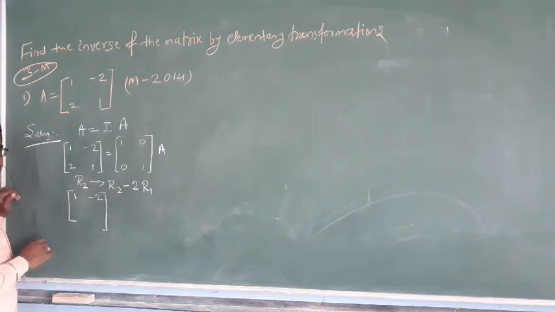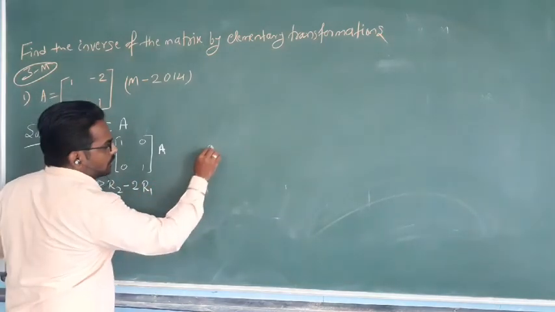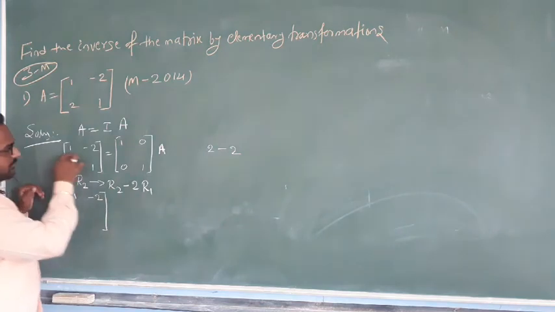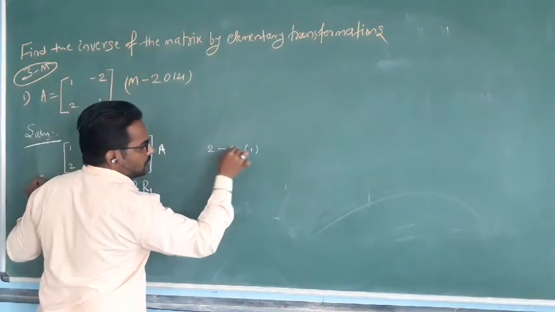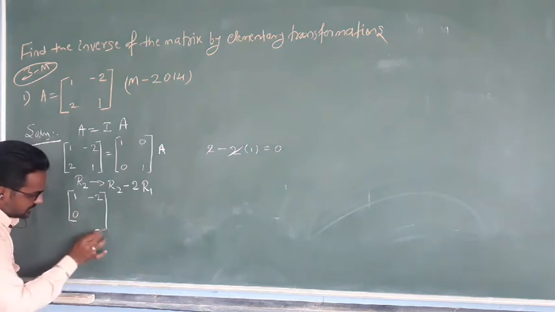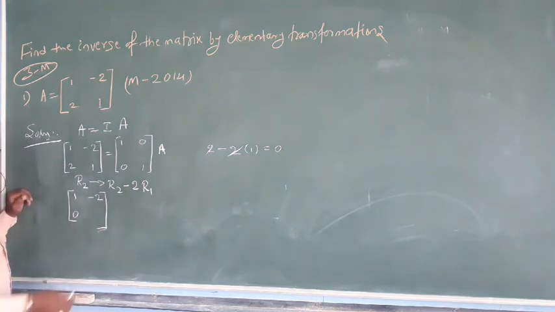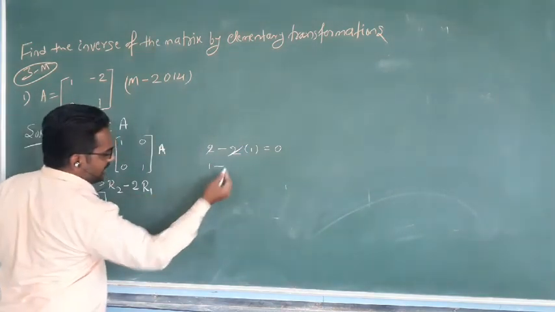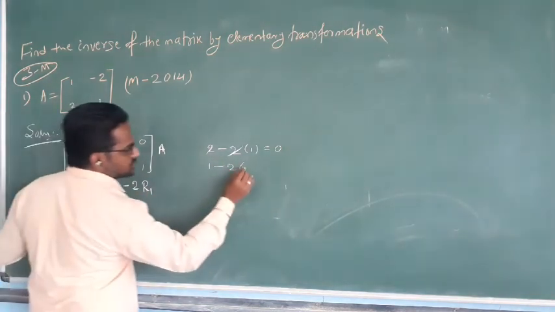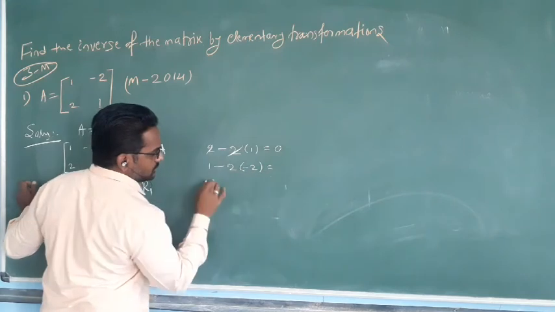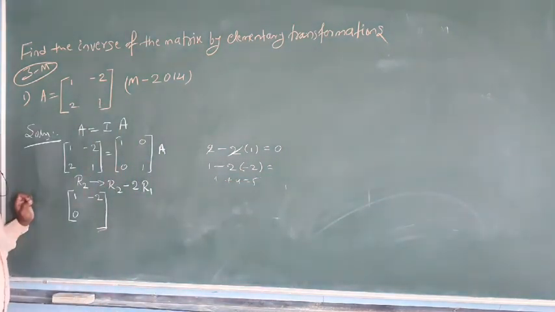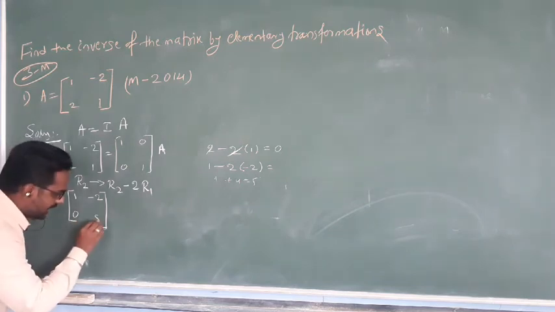For R2, 2 minus 2 into the first element of R1, which is 1: 2 minus 2 is 0. Next, 1 minus 2 into minus 2 equals 1 plus 4, that is 5. So you get 5 here.